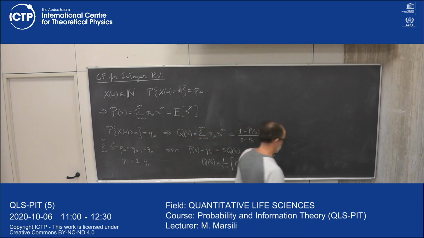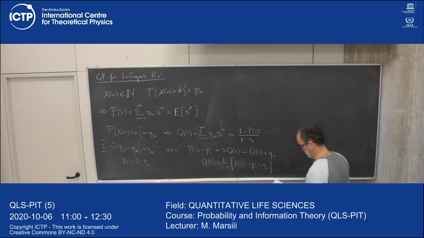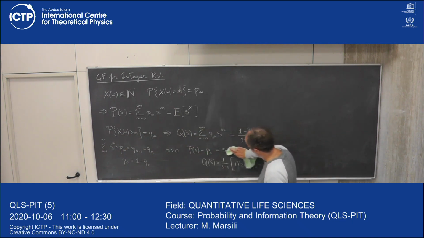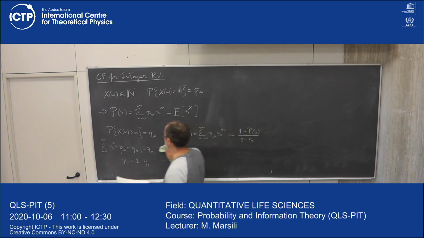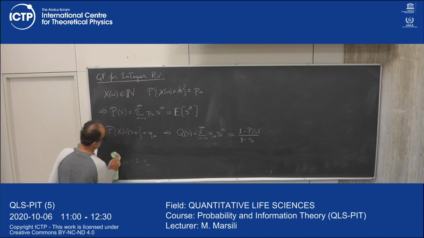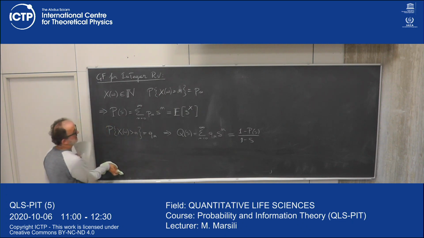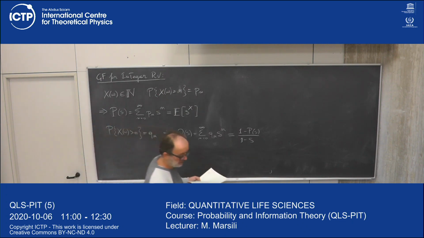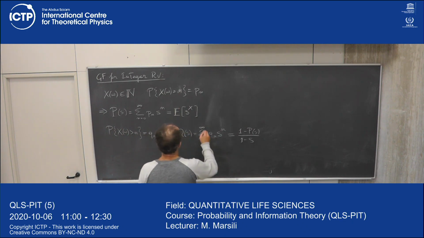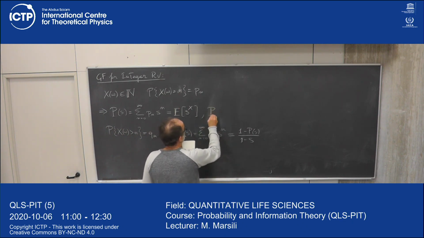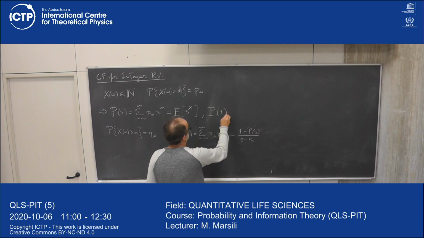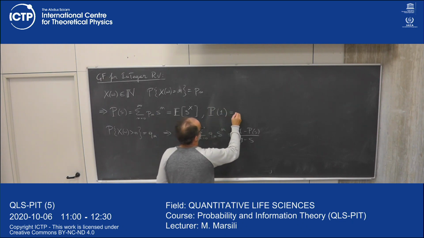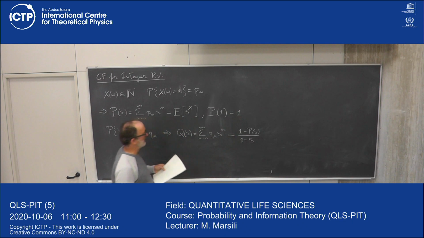Of course, P is a probability distribution, so it is normalized. So one property of the generating function is that when you compute it at s equal to 1, you should get 1.